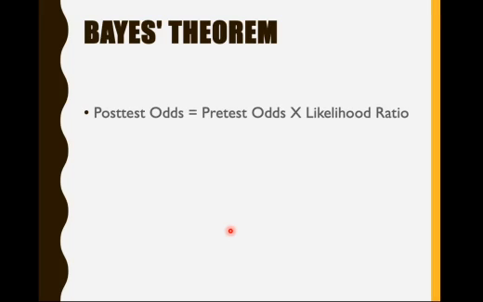For example, this was asked in the diplomate exam in family medicine, and I would like to believe in other specialties as well. Now, so post-test odds, this the Bayes theorem formula, are equal to pretest odds times the likelihood ratio. So we will now discuss, because we have mentioned the likelihood ratio, the meaning of likelihood ratio and even the odds.